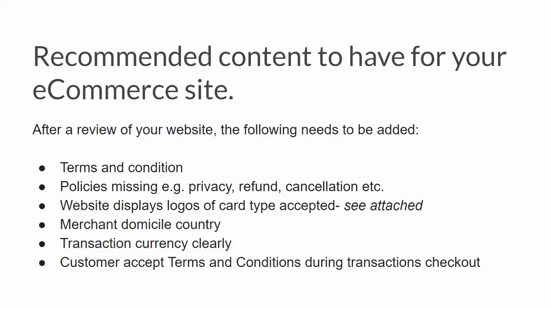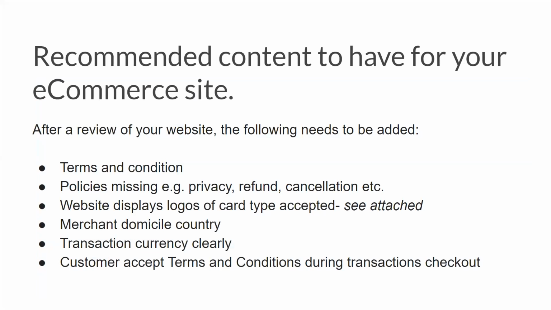So other things that you probably need to have on your e-commerce website as content are terms and agreement or terms and condition policy, privacy, which includes refund, cancellation, and anything to do with payments.